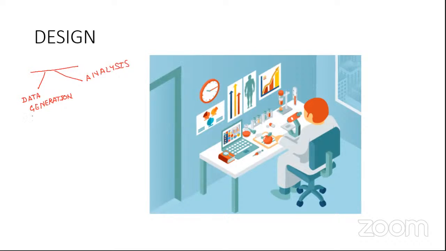Data generation involves experiment and samples. It starts from the sample, then experiments. Experiments involve library preparation, different types of library preparation, and the sequencing. So this is my data generation.